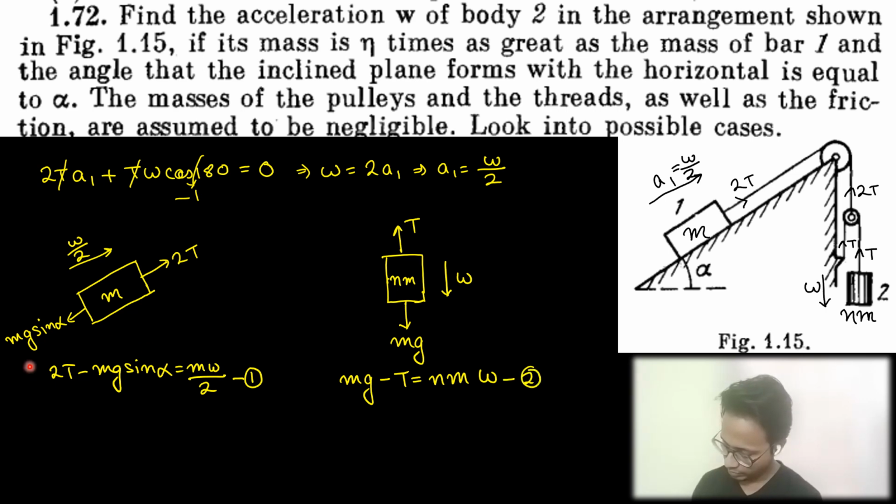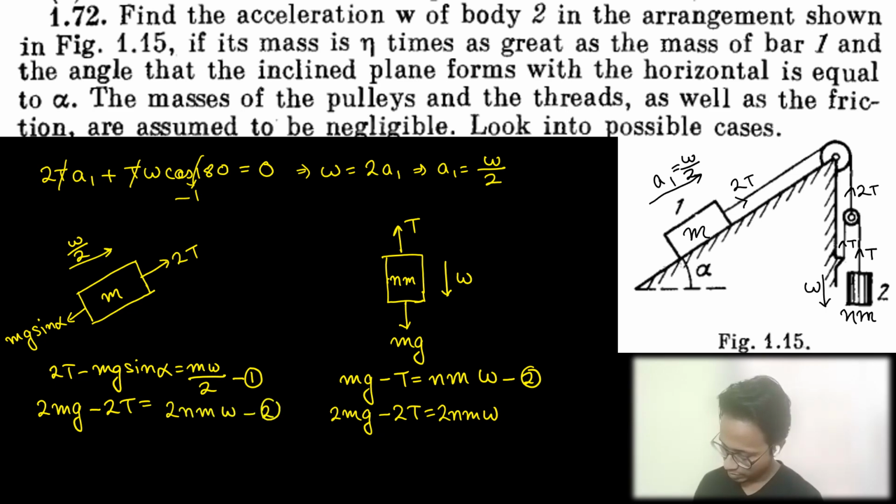Now you have to solve these two equations and find out the value of omega. But I have a problem here. This is 2T, this is T. So in order to solve, I can multiply this equation by 2. So 2mg minus 2T is equal to 2nm omega.